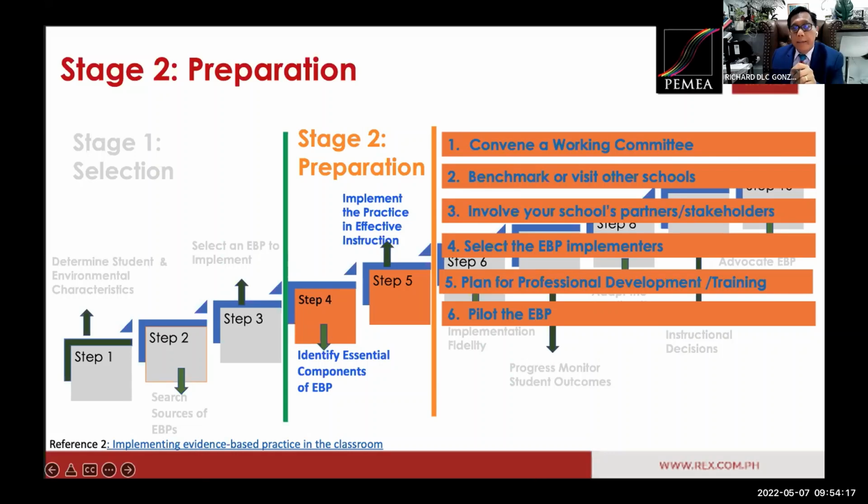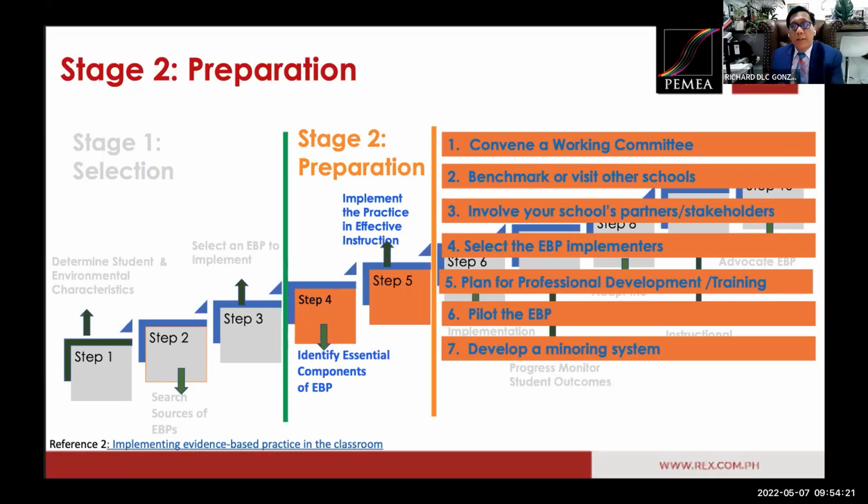I think this is the last, and it is very important: you need to develop a monitoring system. In order for any EBP in your school to be effective, it needs to be implemented with fidelity. What do you mean by fidelity? Again, are your activities aligned with your objectives?